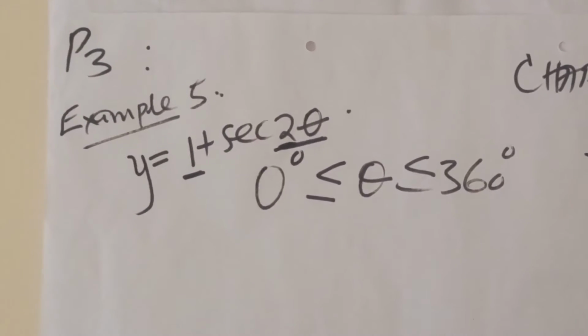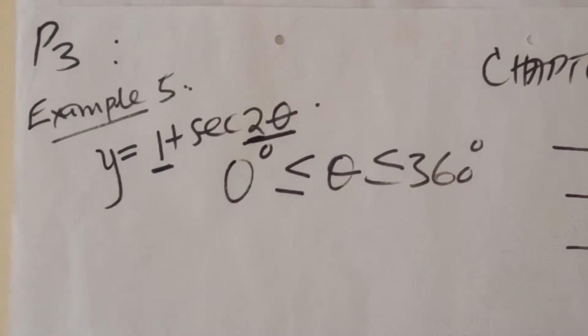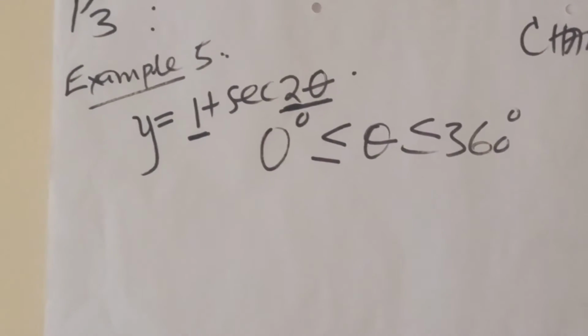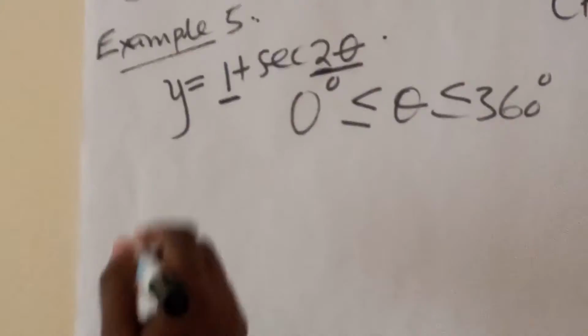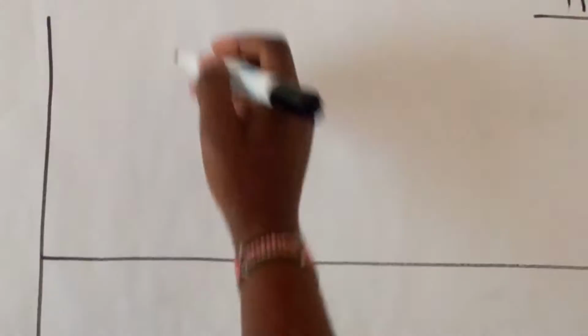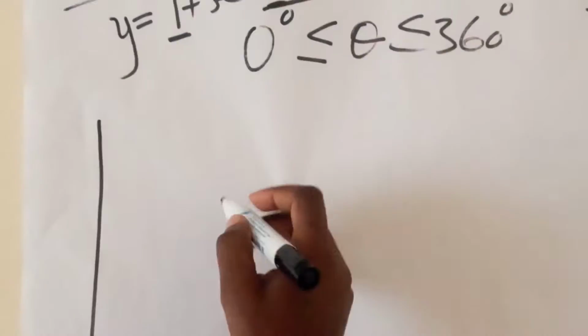We may begin with the graph of y equals sec theta, all the way from 0 to 360. If you want to sketch the graph of y equals sec theta, we know there is an asymptote at 90 degrees.